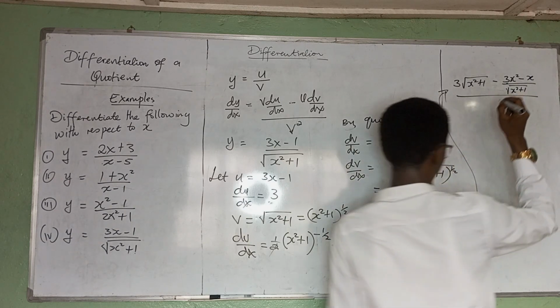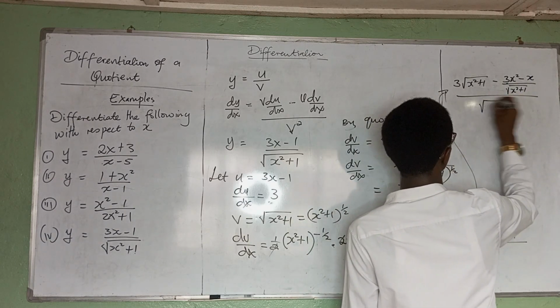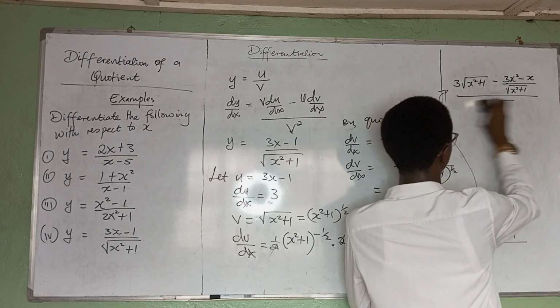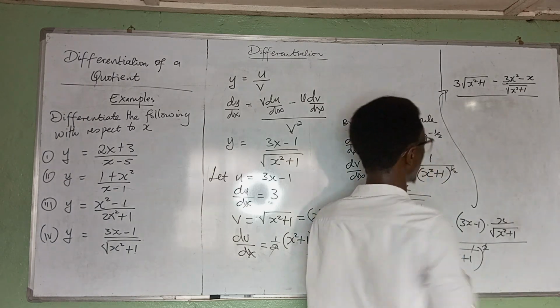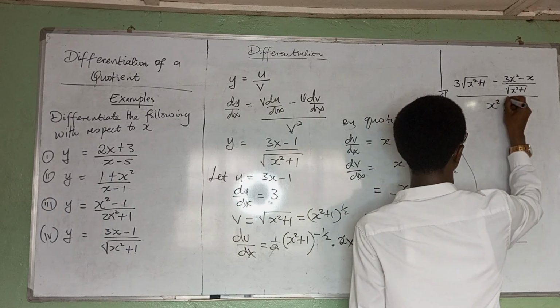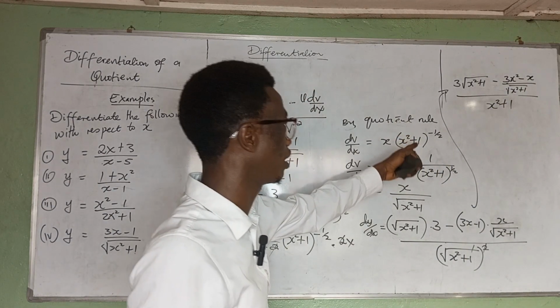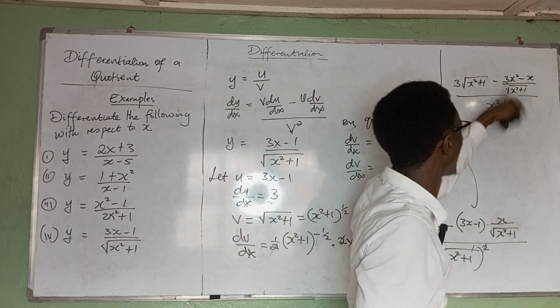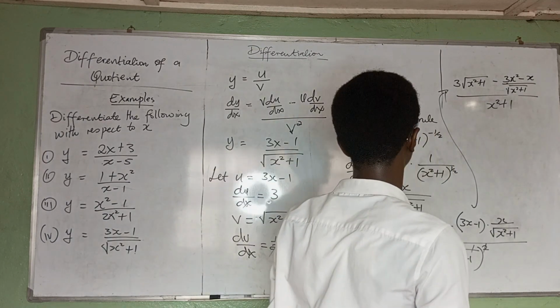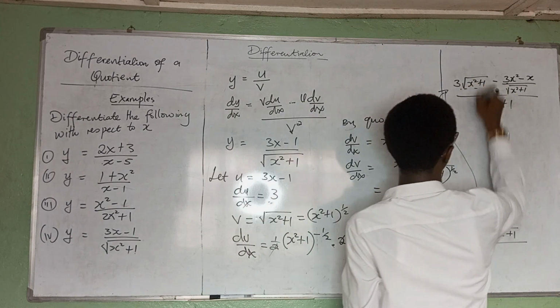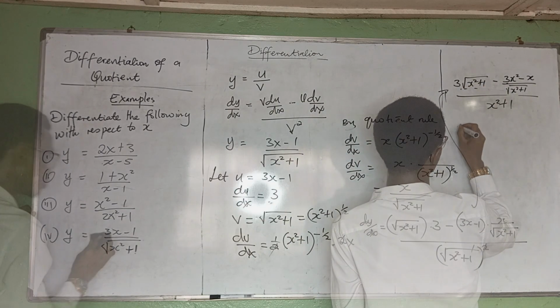And everything is divided by x squared plus 1. You further have to simplify. Let's say you find the LCM. If you divide this by 1, this becomes 3.